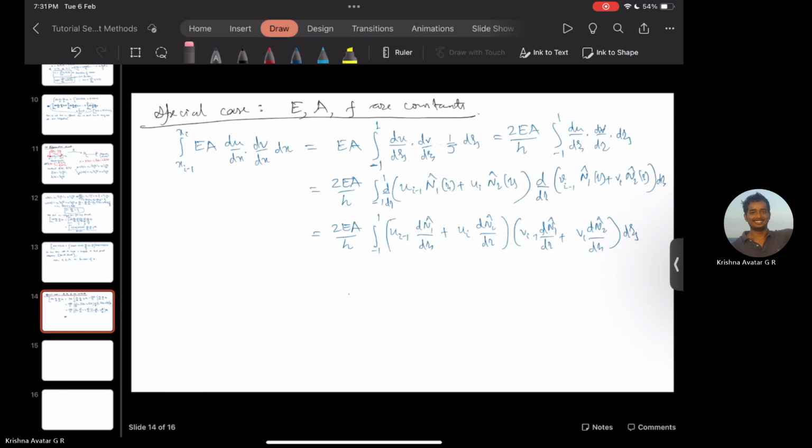So you can have 2 EA by h, the integral from -1 to 1, u(i-1) v(i-1) times dN1 by dz.